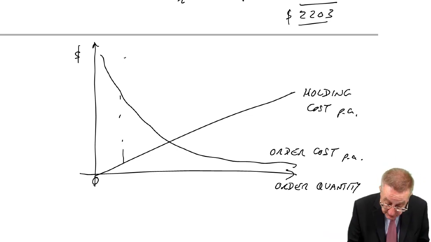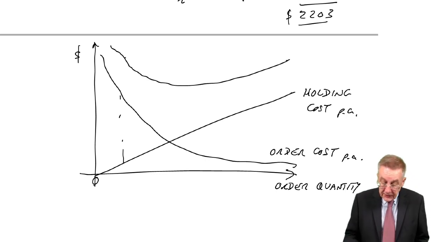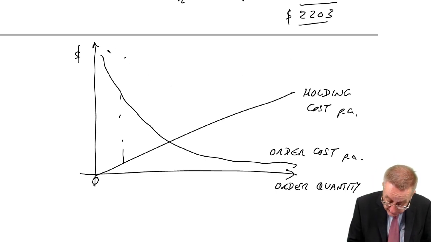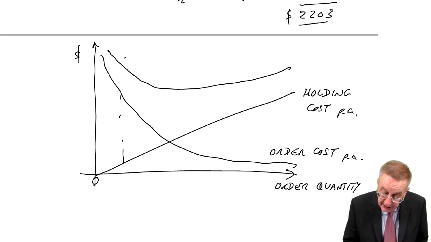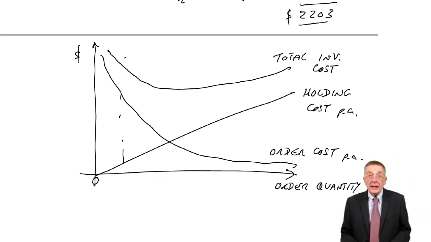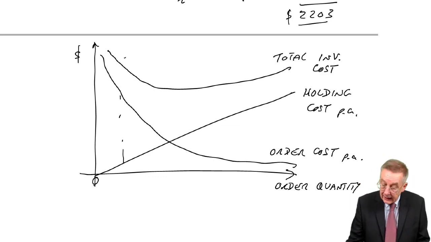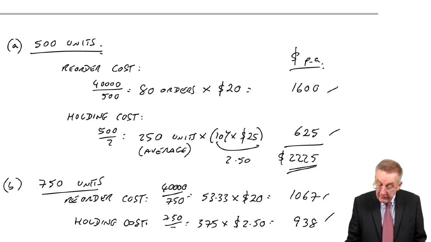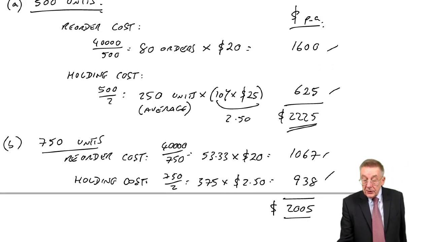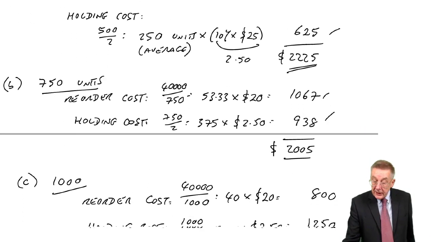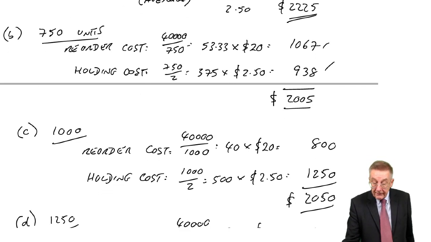And the total of the two will in fact go something like that, which again, my hand's not very steady. There is the total inventory cost. And again, look back at our example. We only did it for 4, but it started at 2225, we changed to 750 units and the total cost fell.